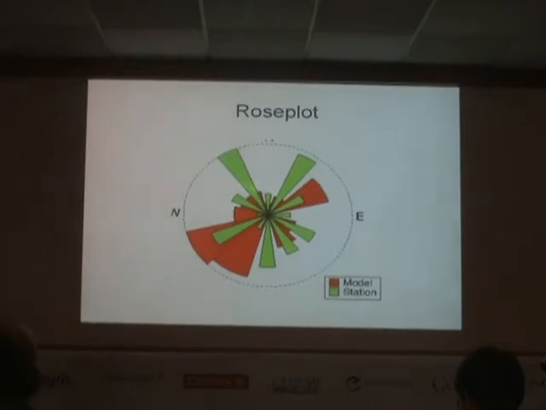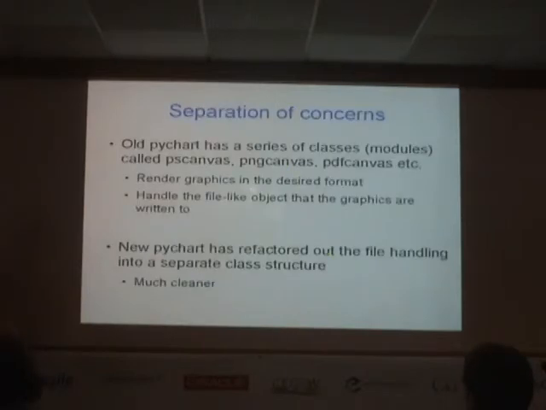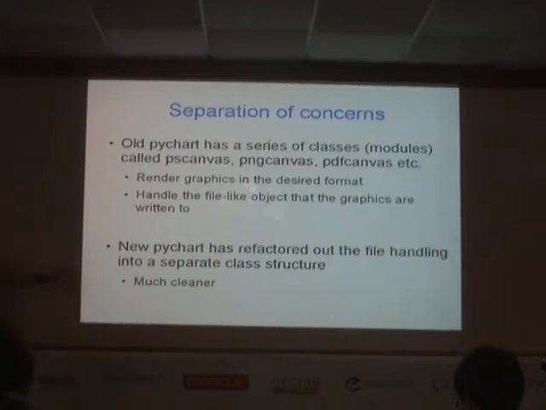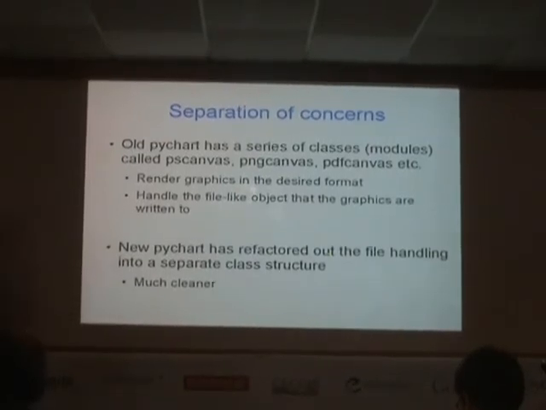Here's another type of diagram that we can do with this package. It's called a rose plot. Another thing that we have as a problem here is that there is a series of classes in the old PieChart, one for each type of output that we're generating.